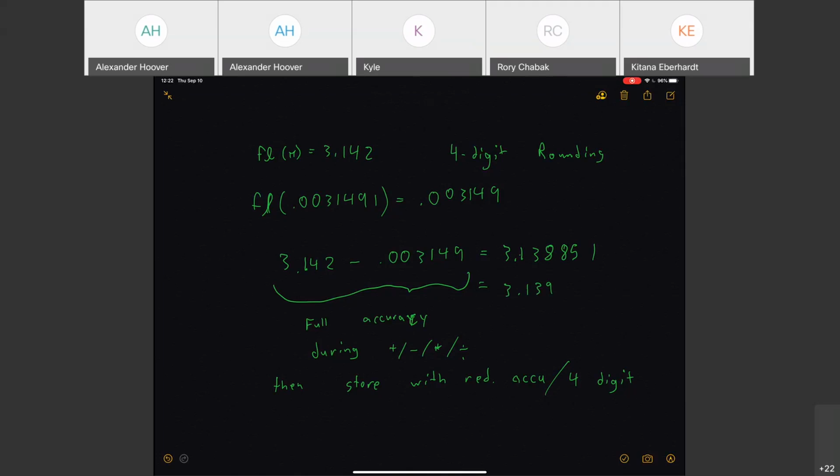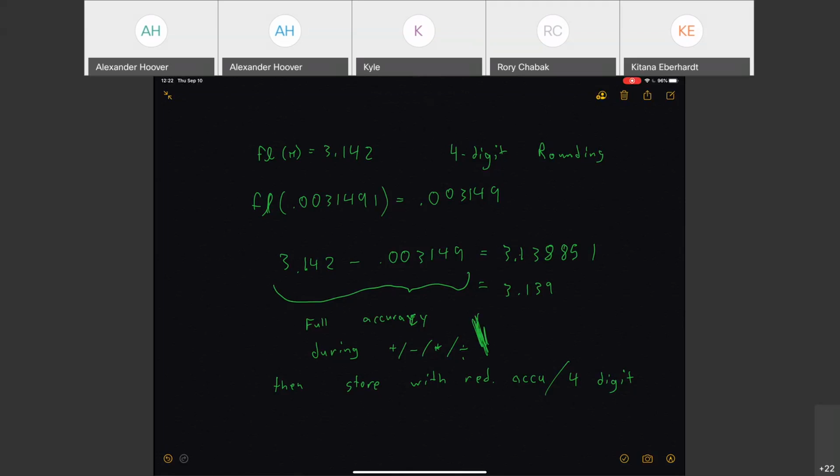All right. So I just wanted to make sure that you understood. I think I may have forgotten to mention in our lesson that if you're going to do subtraction with these 4-digit numbers, there's higher accuracy during the actual floating point operations, plus, minus, multiplication, division.